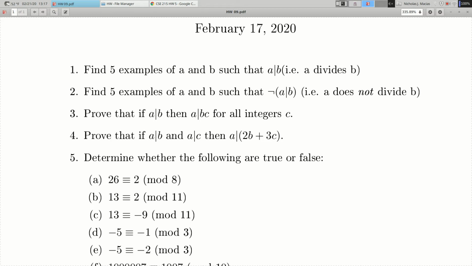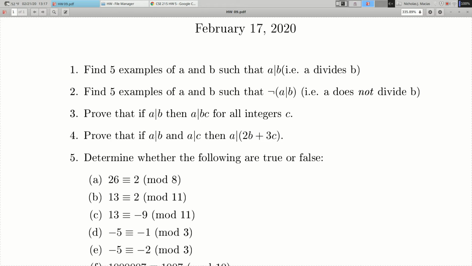No other place to go really other than to write this using this version of B and this version of C. 2B is 2 times A times Q, so A times 2Q. And C is AR, so 3C is 3 times A times R. Written this way, you can see that each of those is a multiple of A. Now just add 2B and 3C together, and you get A times 2Q plus A times 3R.